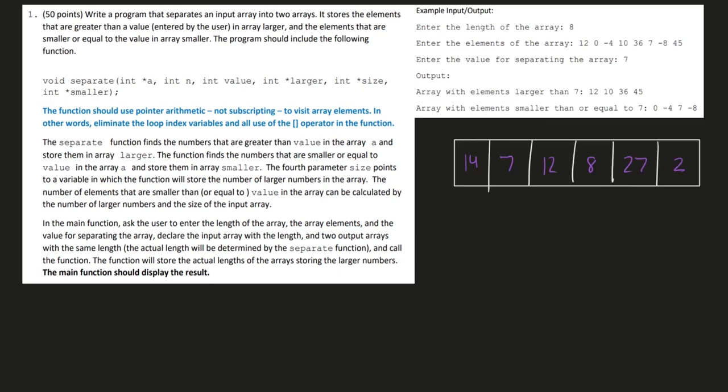So right off the bat, you should imagine an array, and the user is going to enter in some value, and we're going to take a look at each one of our elements and see if it's less than or equal to or greater.